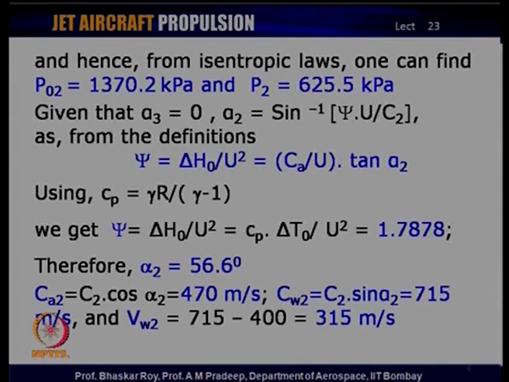Now, if you do that, you get a parameter that is CA by u into tan alpha 2, from which we wrote down as above that you can get a parameter in terms of alpha 2.